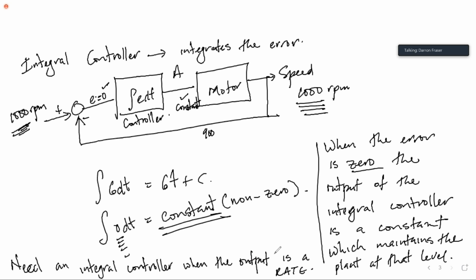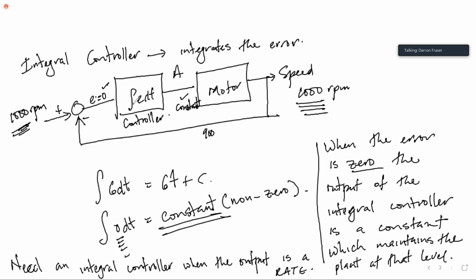You need an integral controller when the output is a rate, whether it is speed or a constant rise in temperature, whatever it is. When the output is a rate, or rate is something divided by time, then you need an integral controller.